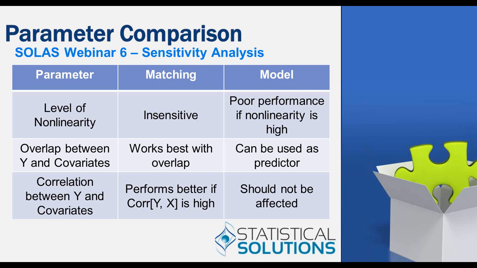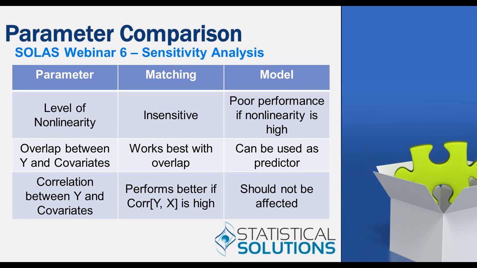There are three main parameters that you want to be looking at when you're looking at matching and model-based methods. There's the level of nonlinearity. For model-based methods such as linear regression and logistic regression, especially with the linear regression model, poor performance due to nonlinearity is high, but of course, logistic regression is a bit more robust to that.